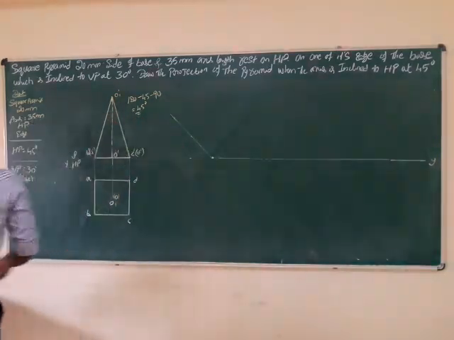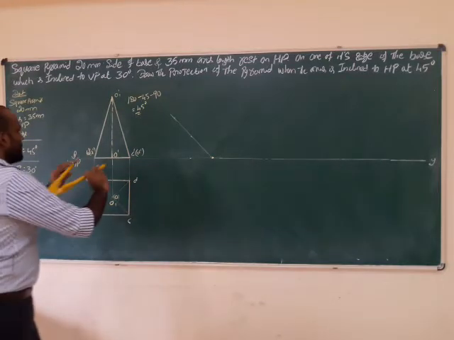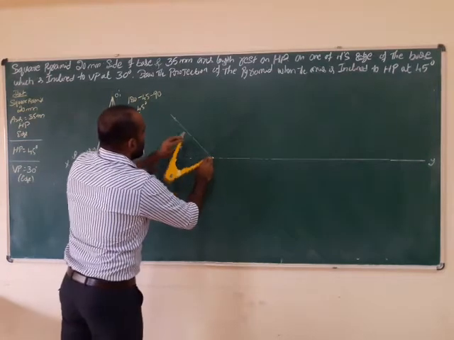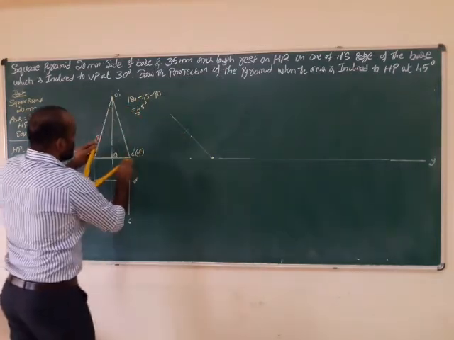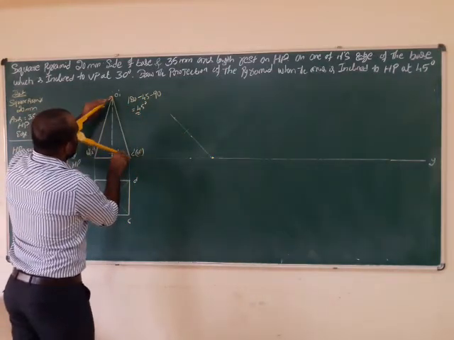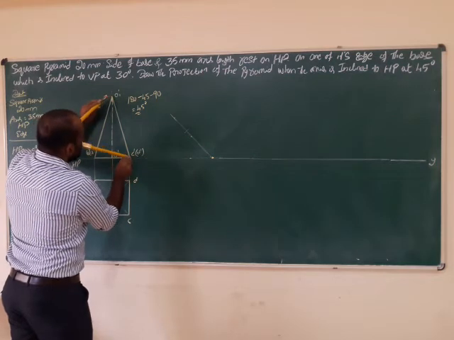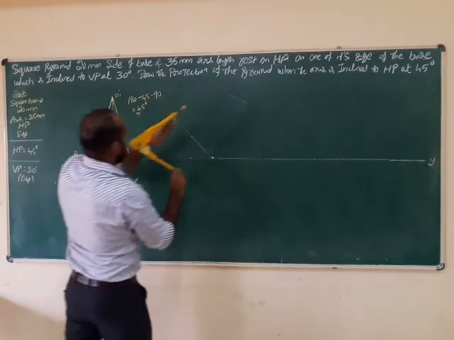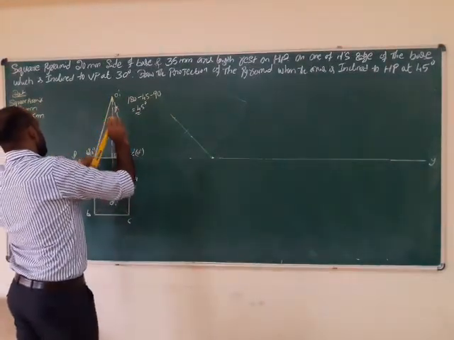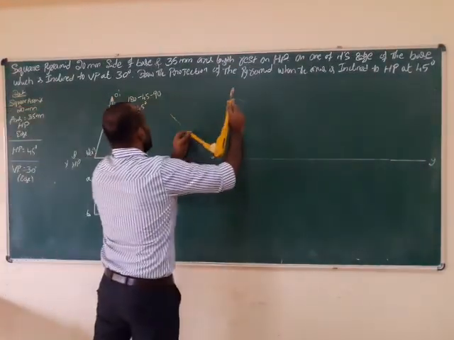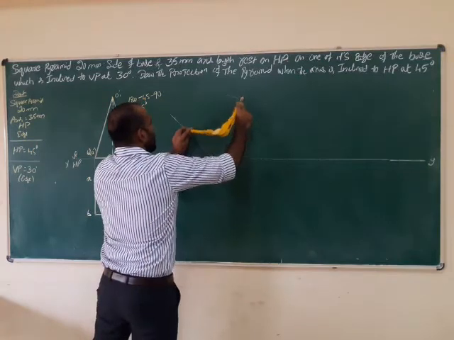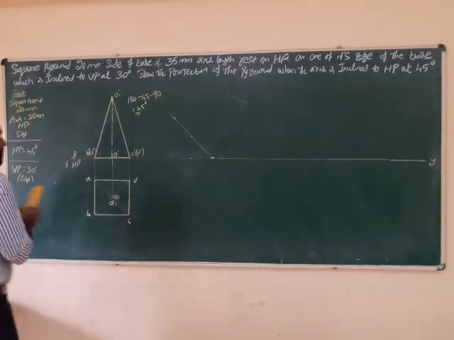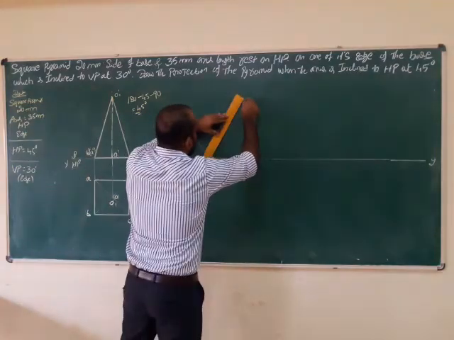After that, you have to take a compass. Select C to A, using A to O1, next B to O1. Join the triangle.